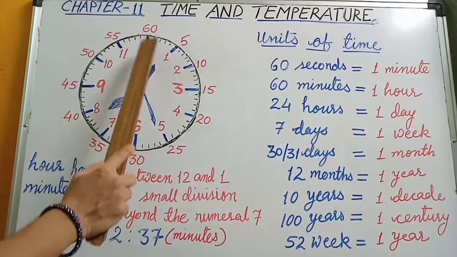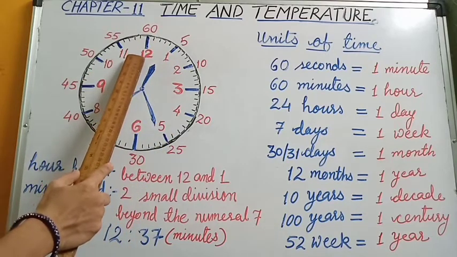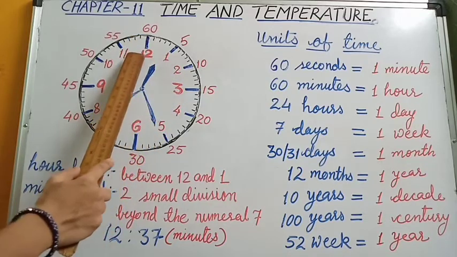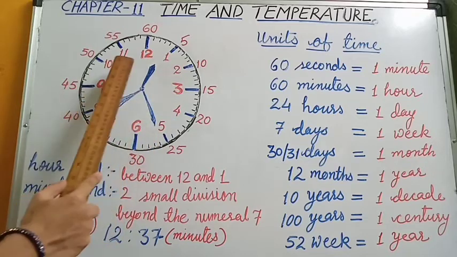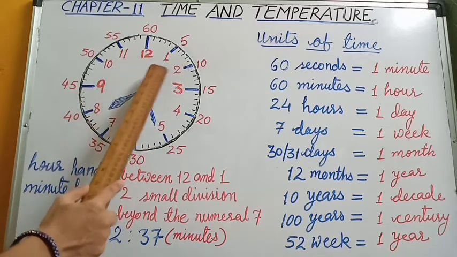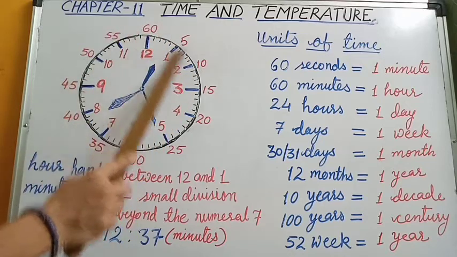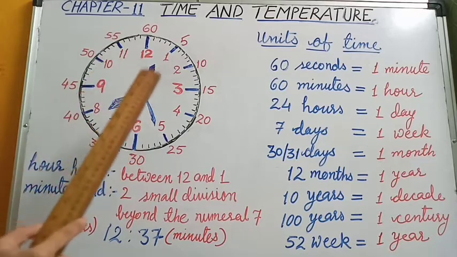Whenever the hour hand completes one round, we take the time as AM, and when it starts the second round after 12 noon, we take time as PM. We will learn about AM and PM later. So the hour hand takes two complete rounds of the dial in a day. So this is the concept of time.